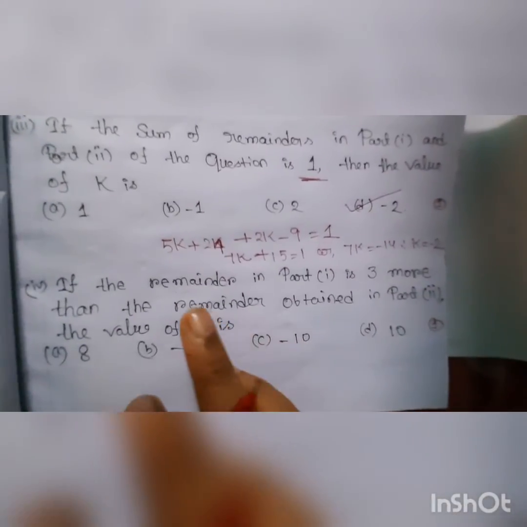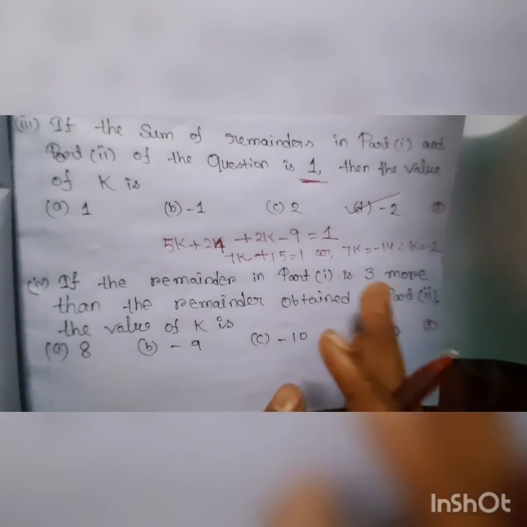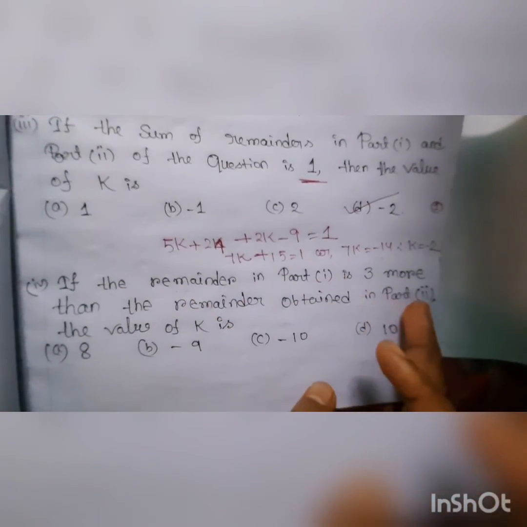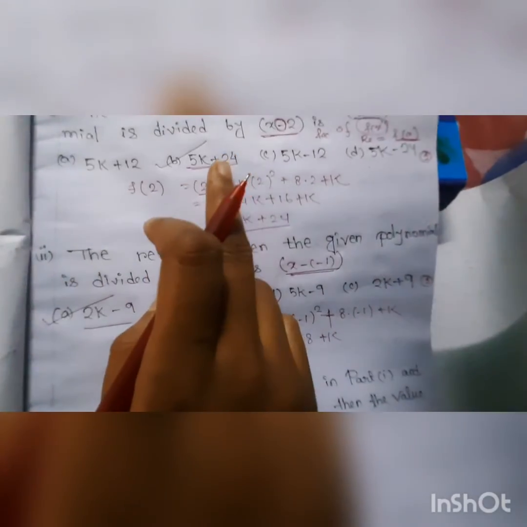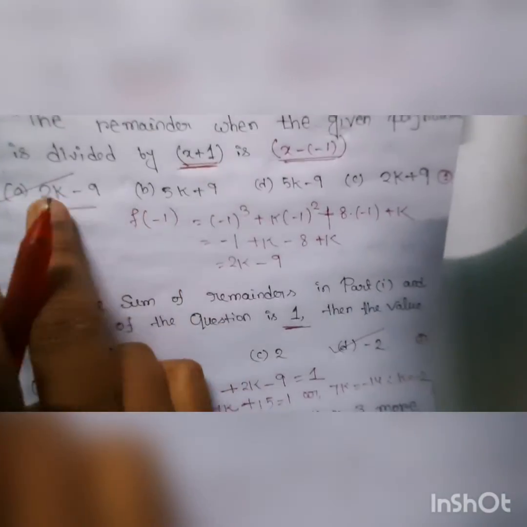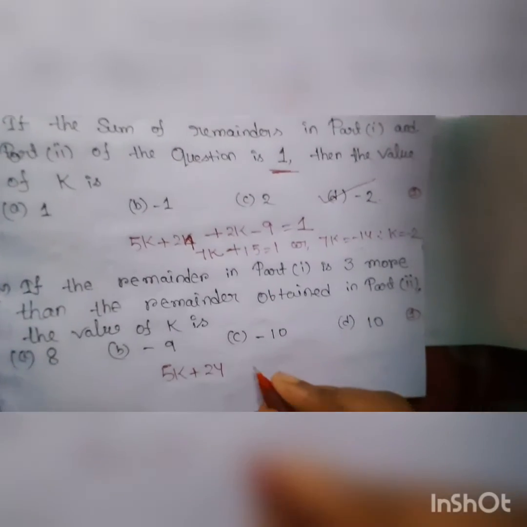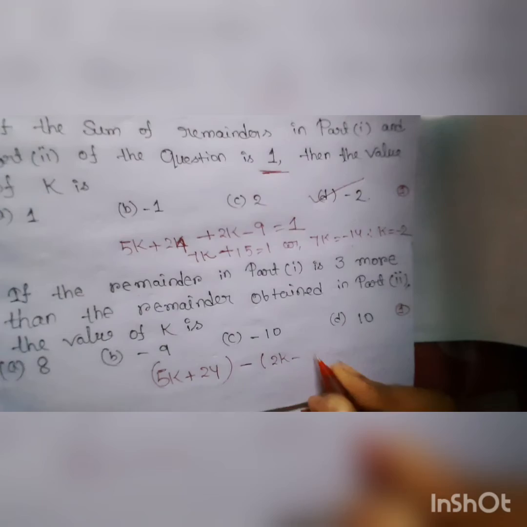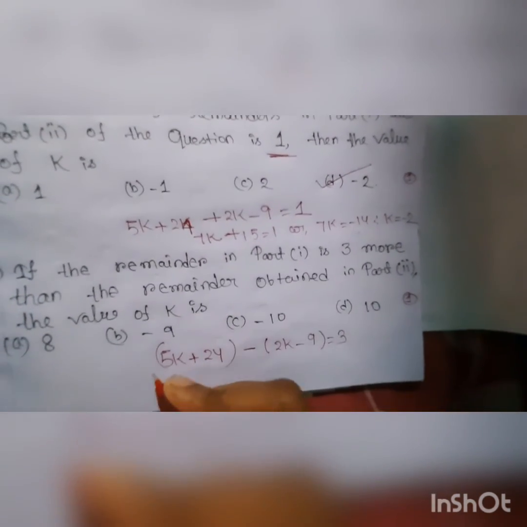Now the last problem: if the remainder of part 1 is 3 more than the remainder obtained in part 2, find the value of k. So the remainder in part 1 is 5k plus 24, and it is given that 5k plus 24 is 3 more than the remainder of part 2, that is 2k minus 9. Now solve this equation.